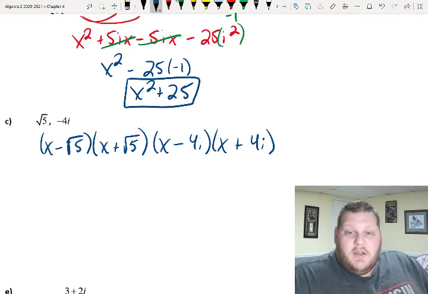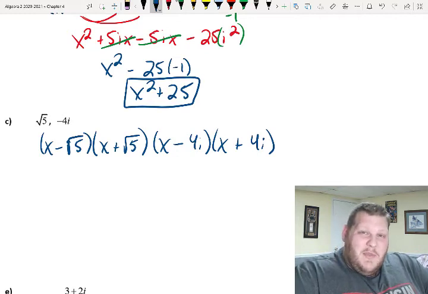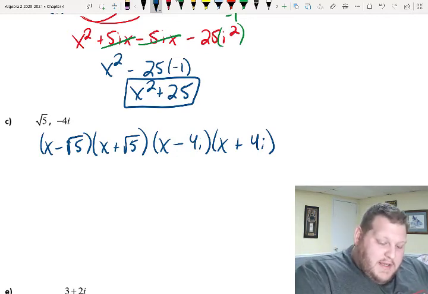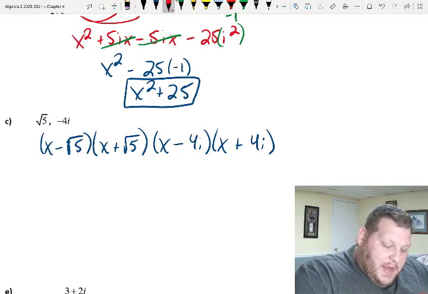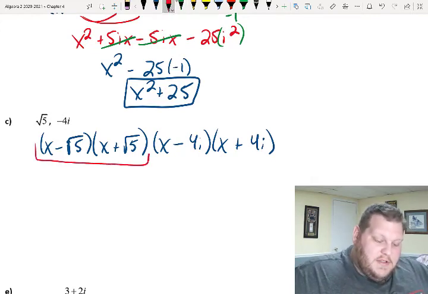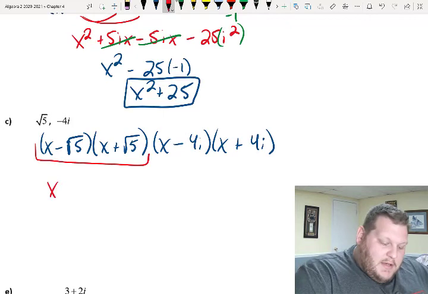The other thing we can take advantage of here is that they're both the difference of two squares. If you want to skip that FOILing process, we can identify this first pair as the difference of two squares, where this is just going to be x squared minus square root of 5 squared.